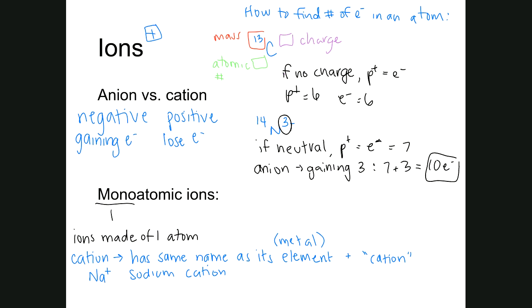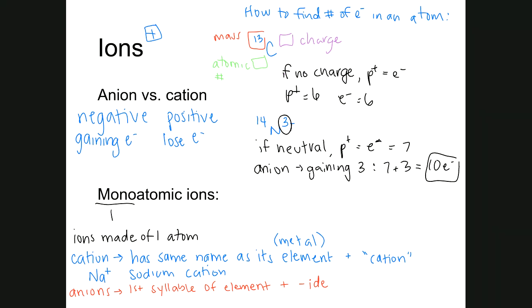For anions, it's a little bit different. For anions, you want to keep the first syllable of the element. And then change the ending of the name of the element to end in IDE.